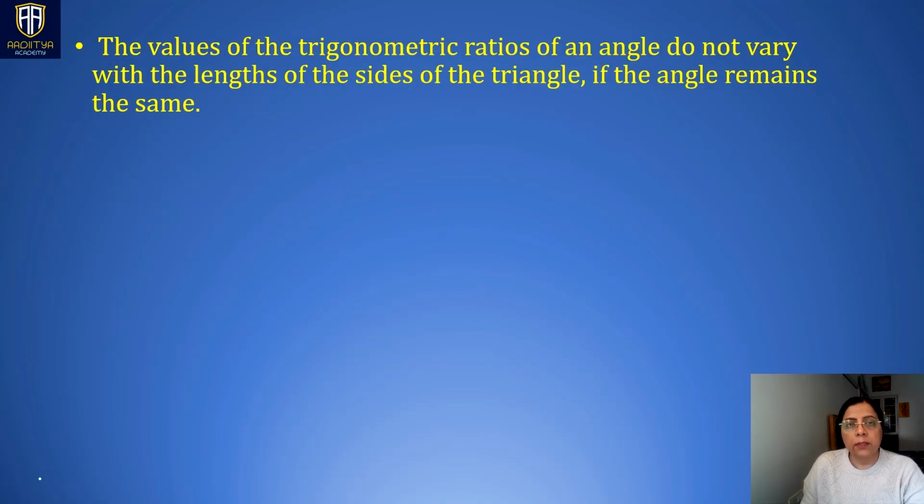One more important thing. The values of the trigonometric ratios of an angle do not vary with the lengths of the sides of the triangle if the angle remains the same.